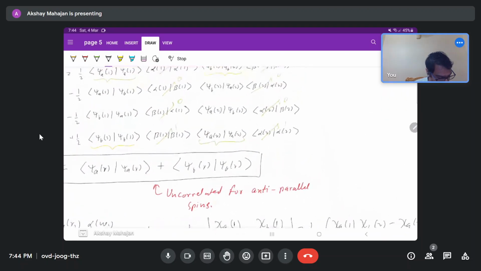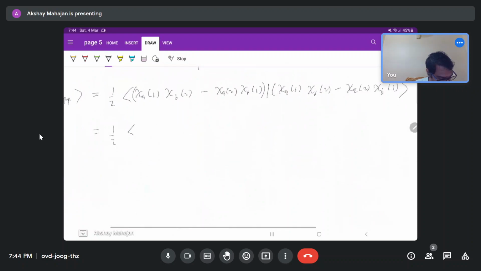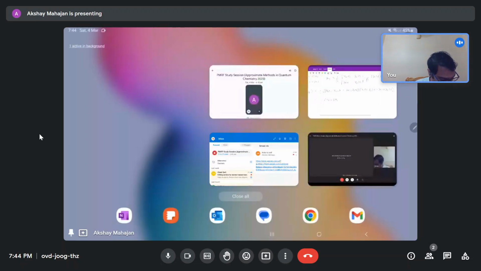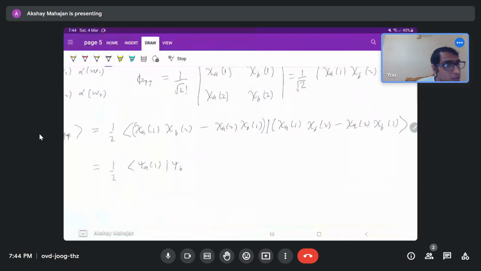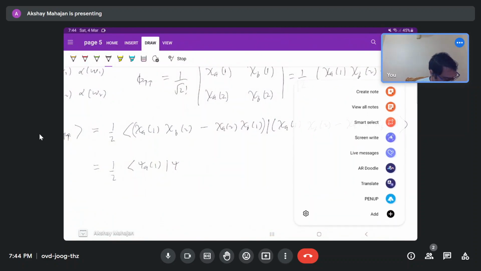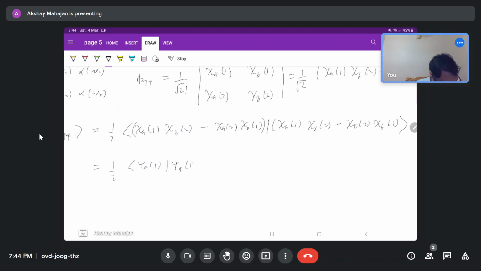Let us write it. Basically, the same terms that we got, we will get psi A of 1, psi A of 1. This time we will have alpha 1, alpha 1.